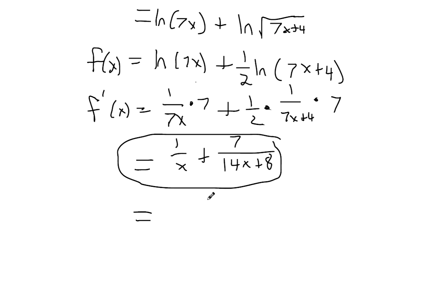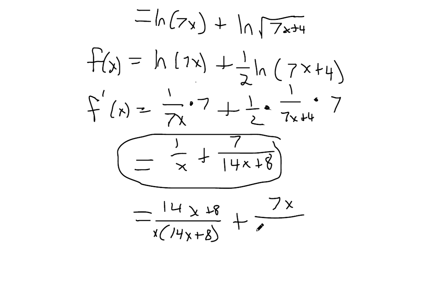I just checked Newton's answer. This is right, but they also combine it. I don't know whether it's going to mark it wrong if you use this answer, or we could expand it like I'm about to do here. With the left fraction, I'm multiplying the top and the bottom by 14x plus 8. A perfectly legal move in math, because I'm doing the same to the top as I am to the bottom of the fraction. It's still in proportion. And on the right fraction, I'm multiplying the top and the bottom by x.